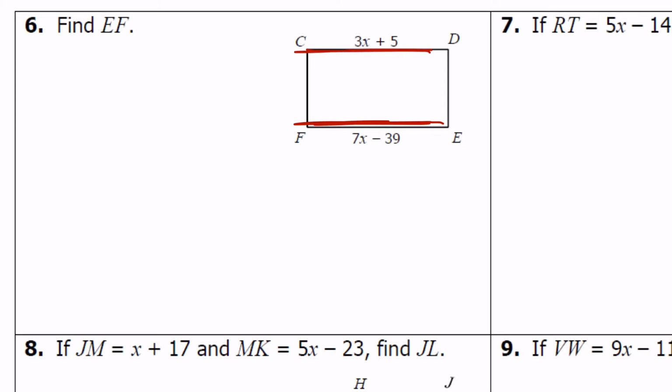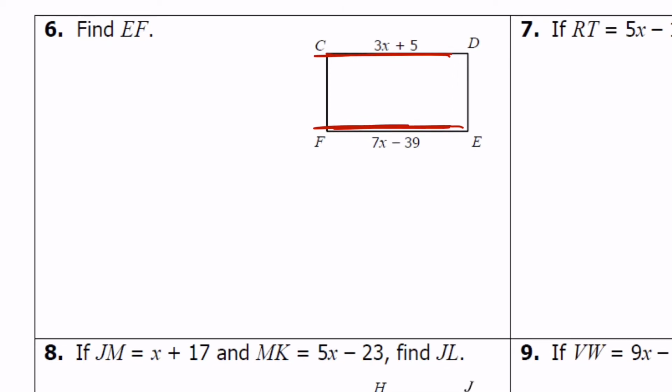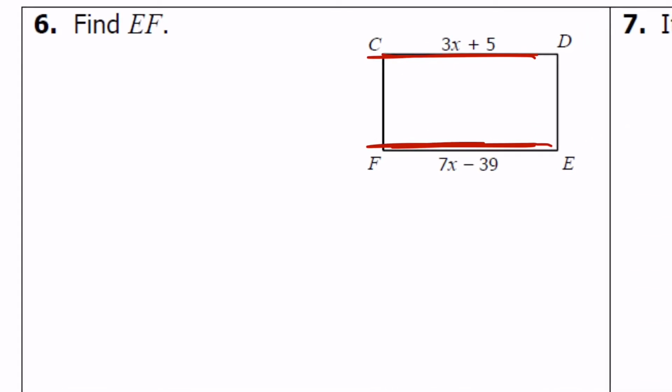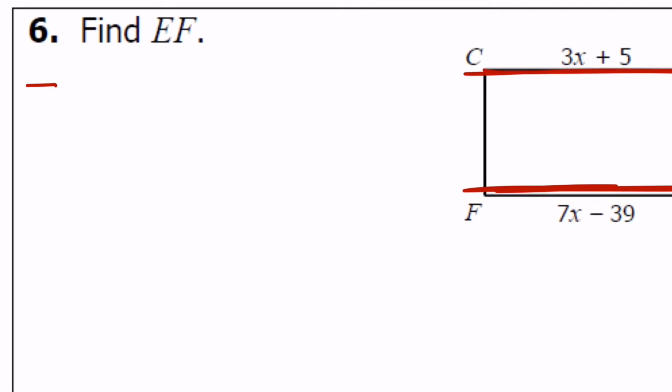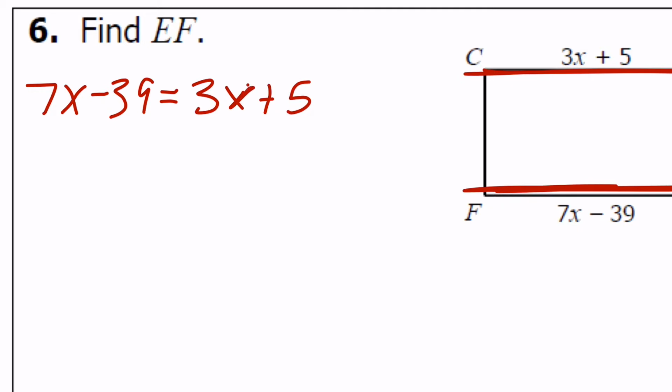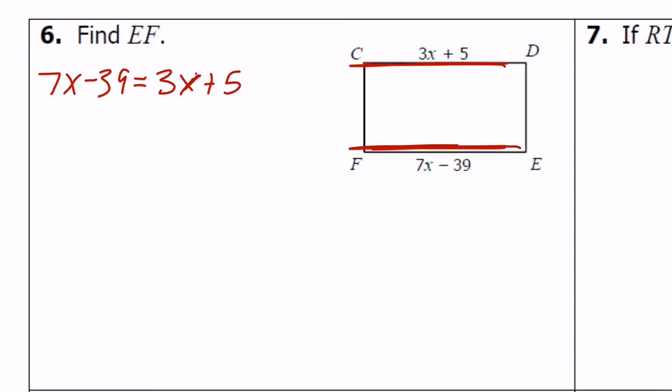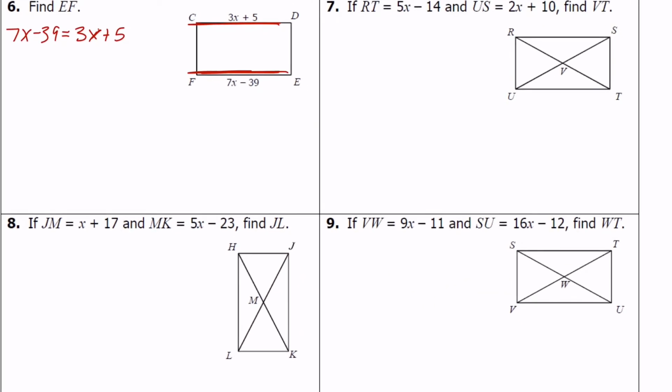Since CD and EF are opposite sides, they are congruent. So 7x minus 39 is equal to 3x plus 5. That way you can solve for x, and then pay attention to what it's asking. It's not just asking for x, it's asking for the length of EF. So remember to plug that x back in and solve for the length of EF.